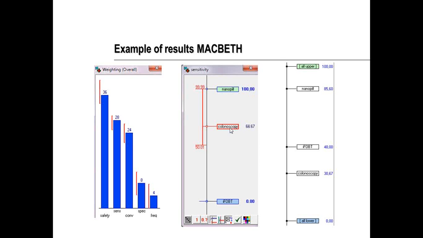And here you can see that it also gives the range for the colonoscopy, because the nanopill was the most preferred one. Even if the priority of the colonoscopy were higher, it would still make sense regarding the different judgments that were given. So also here it's possible to adjust these priorities.